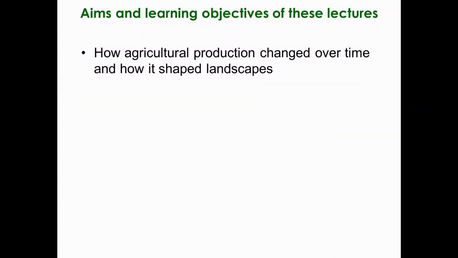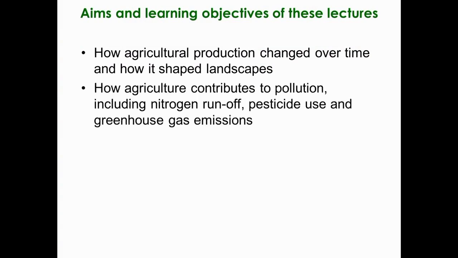What we're going to cover in these lectures is how our agricultural activities have changed our natural world over time, how they've shaped our landscape, and how they've impacted the organisms that are naturally present in these landscapes through various drivers of biotic change that are due to agriculture. So pollution such as nitrogen fertiliser runoff, chemical pesticide use and greenhouse gas emissions.